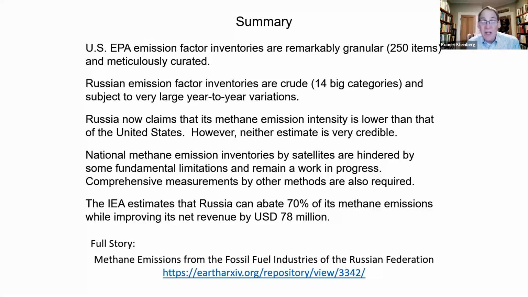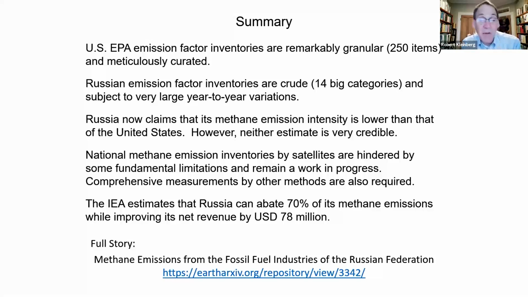National methane emission inventories by satellites are hindered by fundamental limitations in both data collection and data processing. It remains a work in progress, and we do expect progress to continue. But certainly, no matter how good the satellites get, comprehensive measurements by other methods, such as aerial surveillance, ground-based continuous monitoring, and so on, will also be required to really solve this problem.